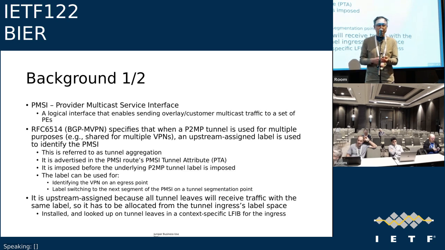When you do this, it's called tunnel aggregation. And that upstream assigned label is advertised in the PMSI tunnel attribute, PTA, of the Type-1 route. That label is first imposed, and then the P2MP tunnel label is imposed.